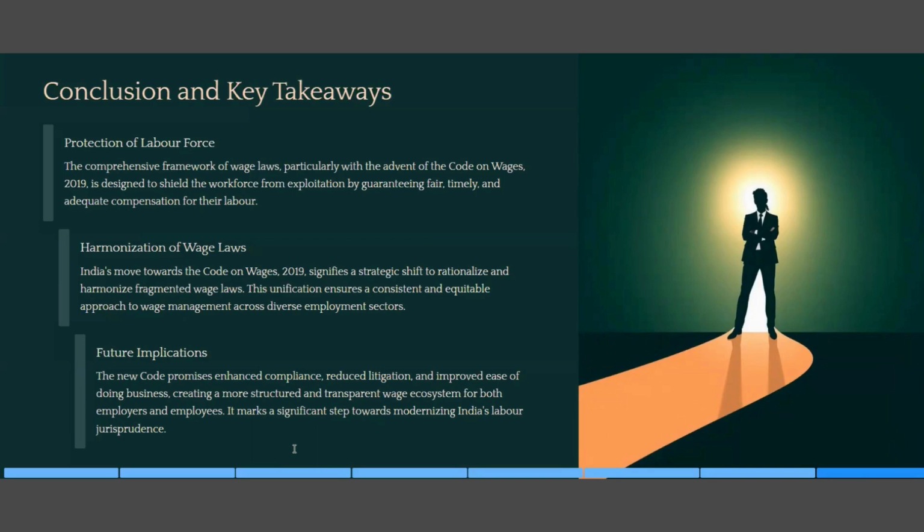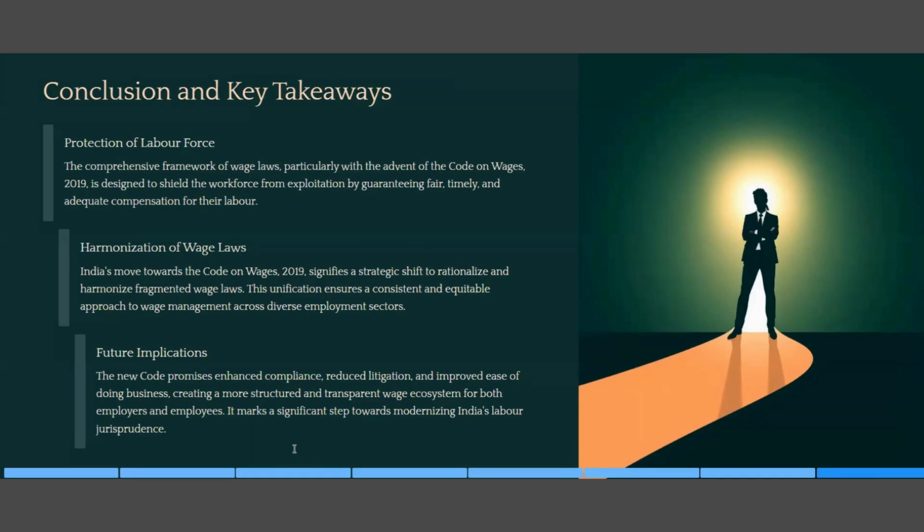Harmonization of wage laws. India's move towards the Code on Wages 2019 signifies a strategic shift to rationalize and harmonize fragmented wage laws. This unification ensures a consistent and equitable approach to wage management across diverse employment sectors.